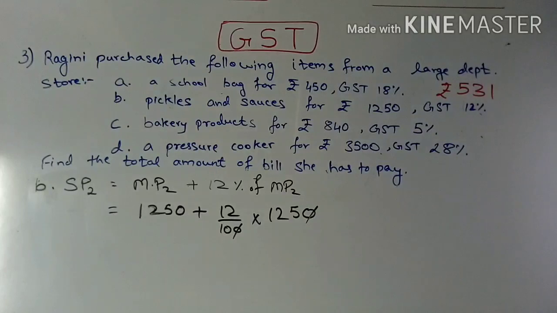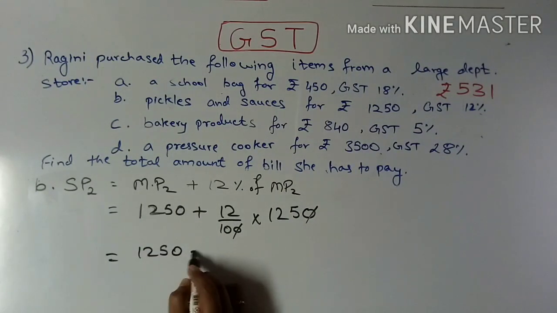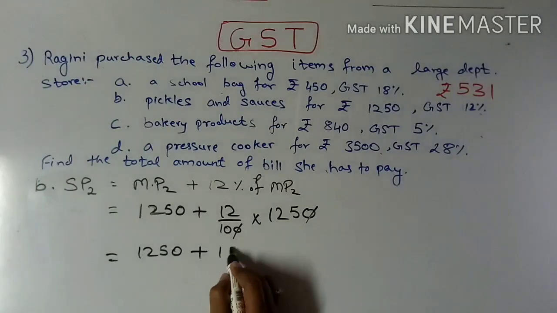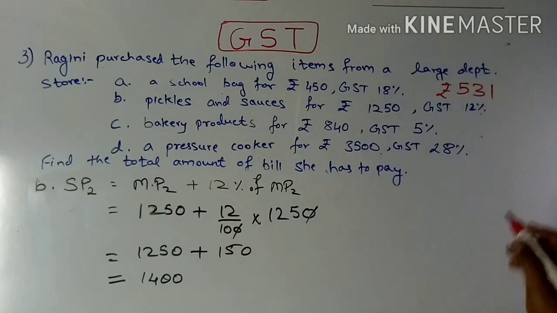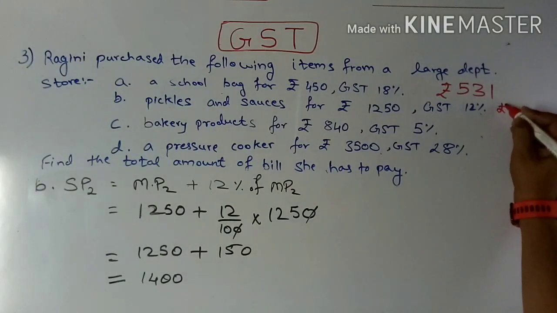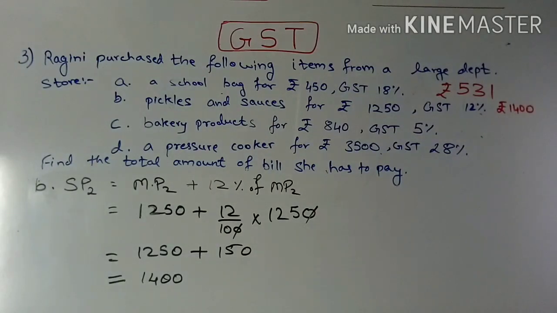Again, on simplifying it, we get 1,250 plus 150, which gives you 1400. So I make a note of it also. Rupees 1400 will be the selling price of pickles and sauces.